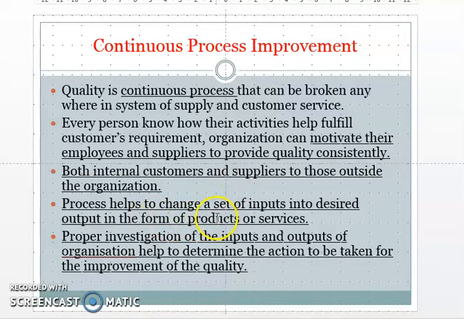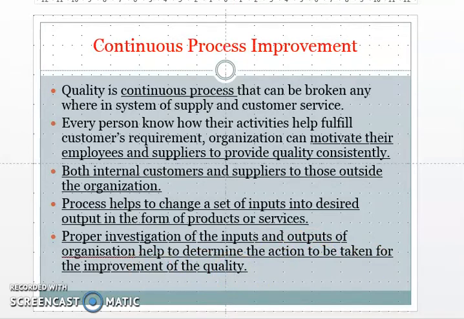This process turns a set of inputs into the desired output in the form of a product or service. The proper investigation of the inputs and outputs of an organization helps to determine the action to be taken for quality improvement.